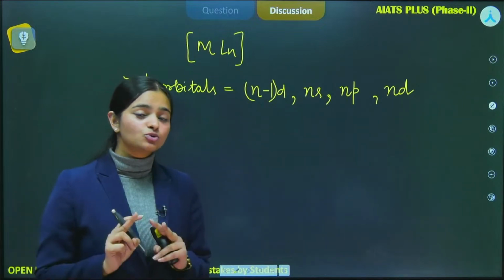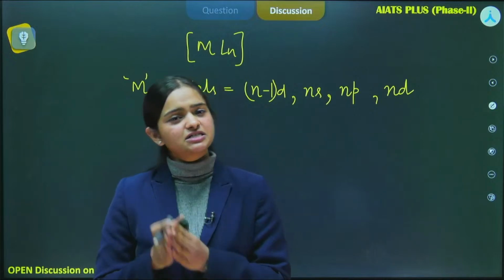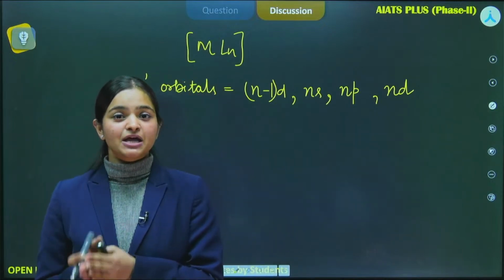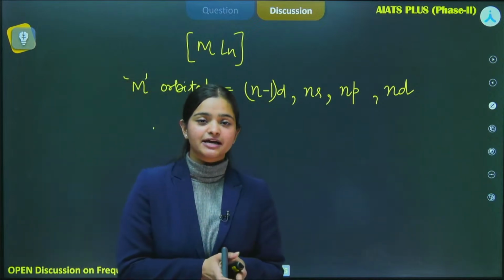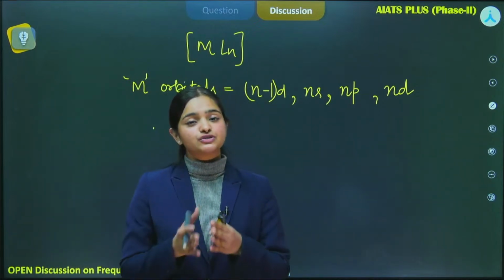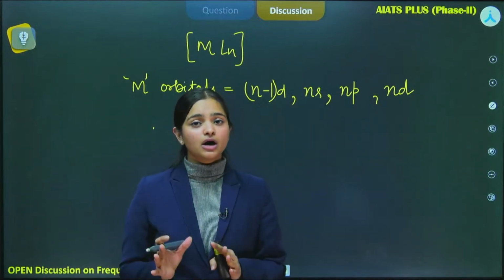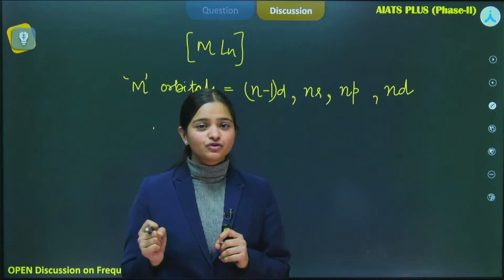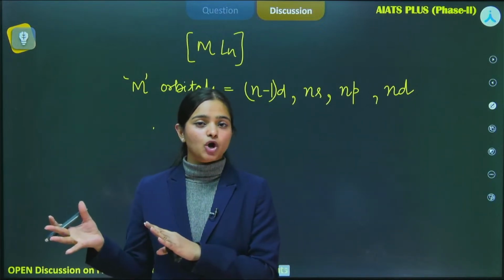Now we study two types of complexes. We study VBT, and there were certain limitations of VBT which were overcome by crystal field theory. Similarly, crystal field theory had some limitations which were further overcome by ligand field theory. Now according to the question, we have to find out whether it is an inner orbital complex or an outer orbital complex.